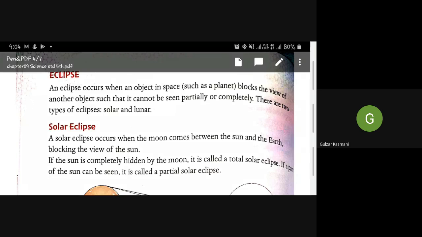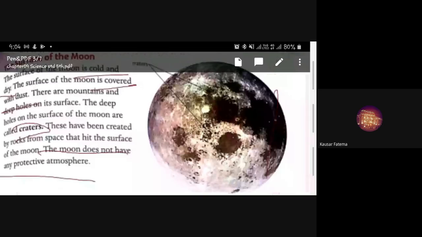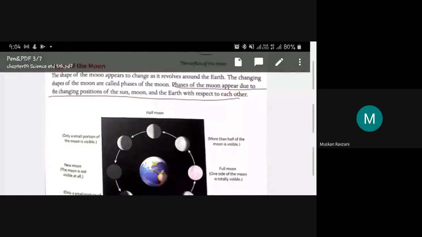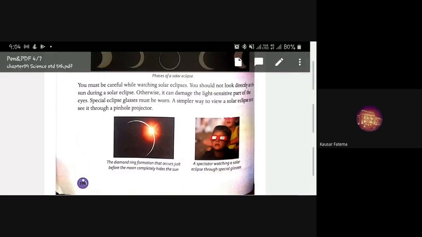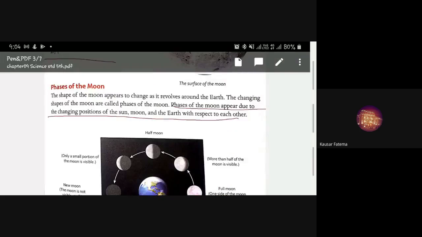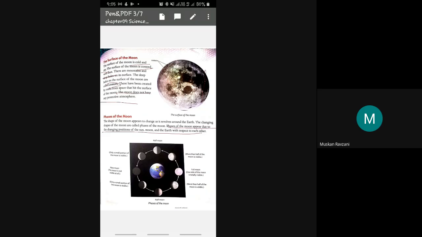Wait a minute. What happened? You had explained the moon and the tides. There is no moon and tides. Let me just go through the textbook. Maybe I have eaten one whole page.